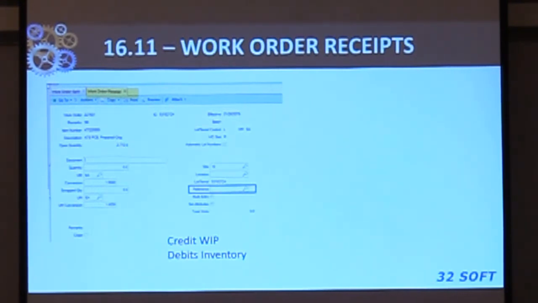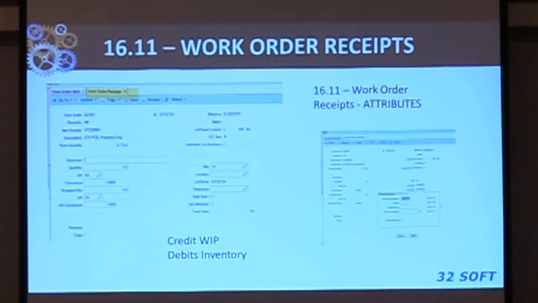So this credits WIP and debits inventory. And you can also use this to set attributes for the particular item, either the status, inventory status, expiration date, grades, those kinds of things.